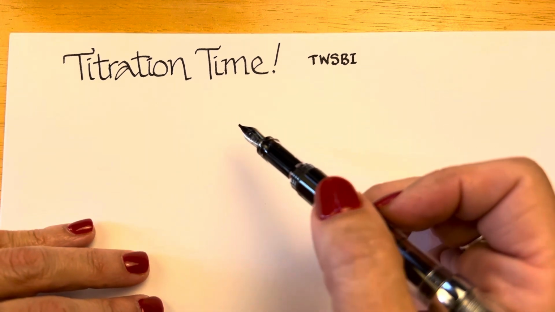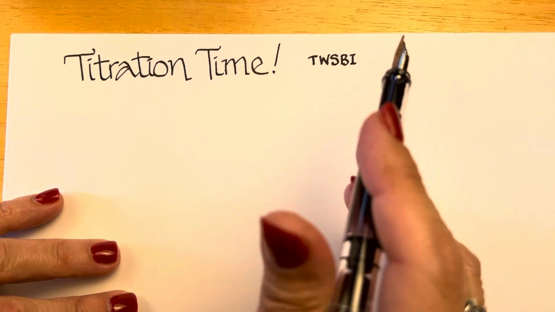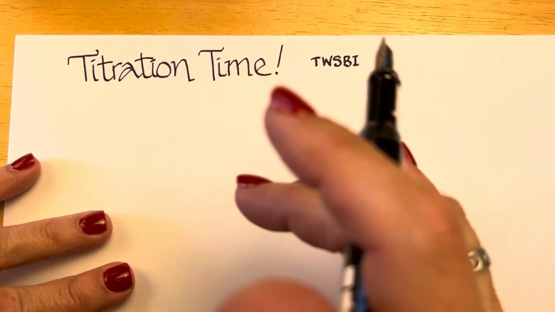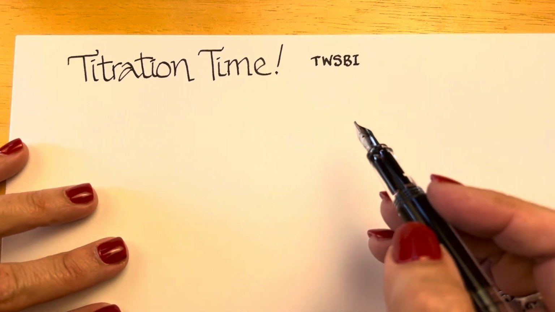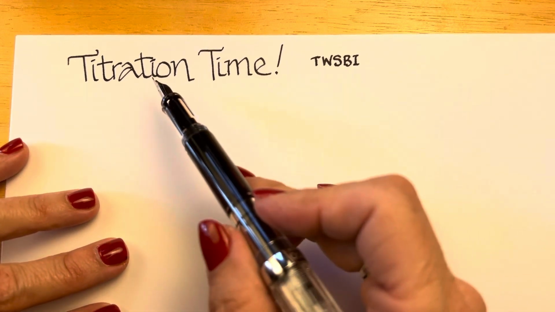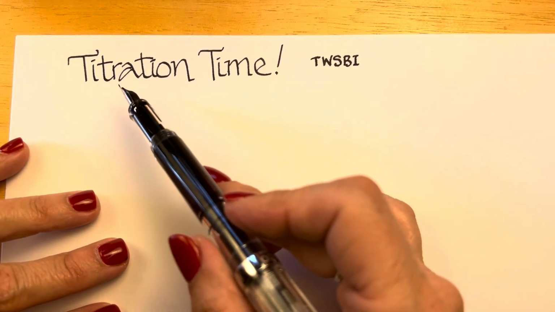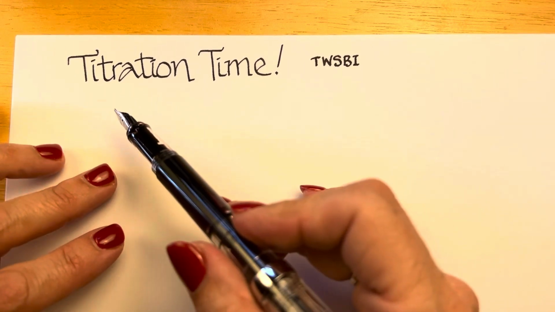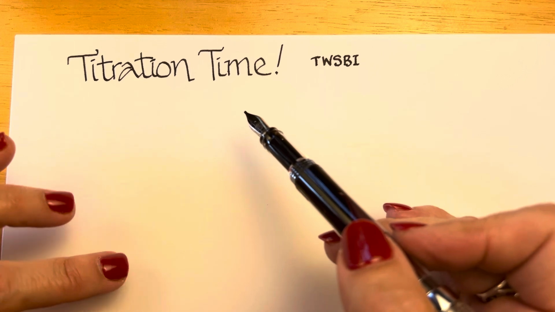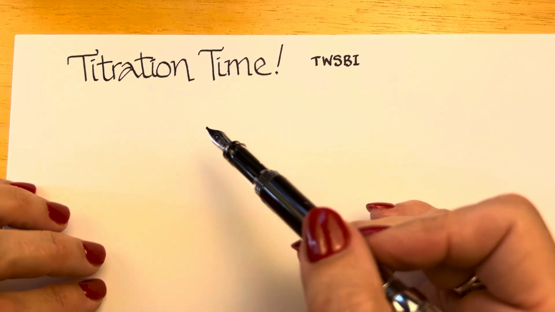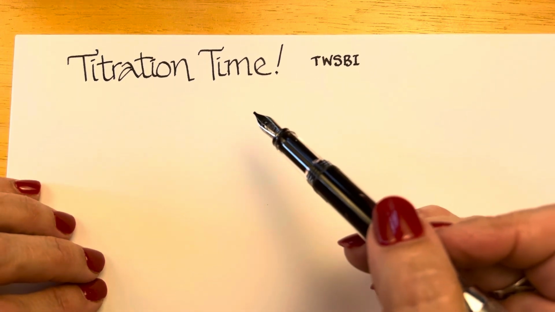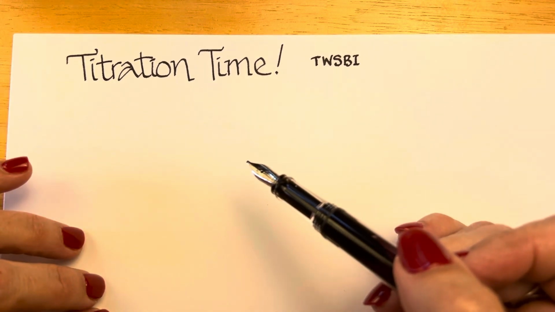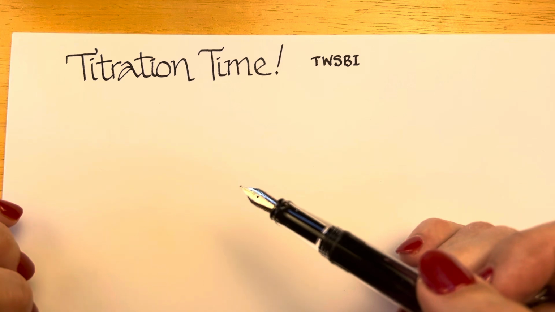So if that idea is a little bit confusing right now and you're wondering, why is she saying that? Let's talk a little bit about titrations by going through an example. Okay. So there are actually many different types of titration. It's not always acid-base. You can have redox titrations, for example, where you're carrying out a reduction-oxidation reaction with your titrant.